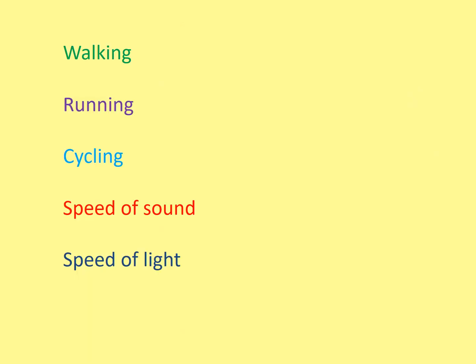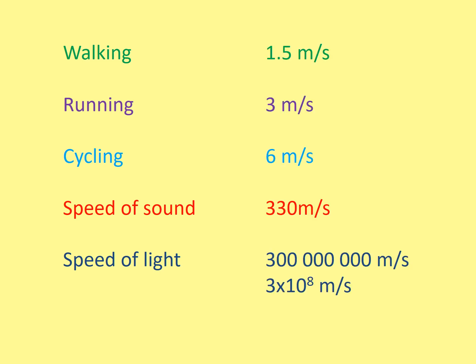Here are some more interesting speeds. The average walking speed is 1.5 metres every second. The average running speed for a human is 3 metres every second. The average cycling speed is 6 metres every second. The speed of sound travels at 330 metres every second.